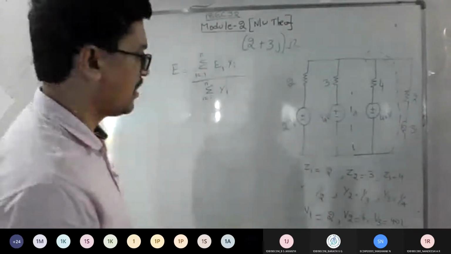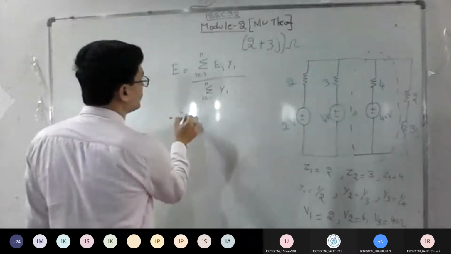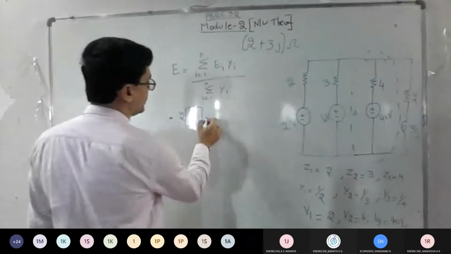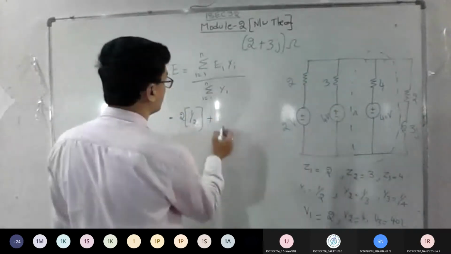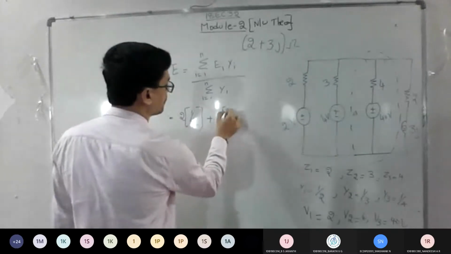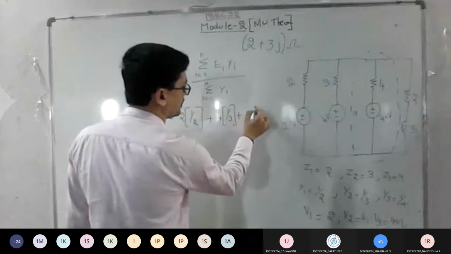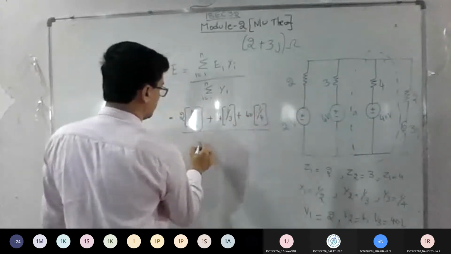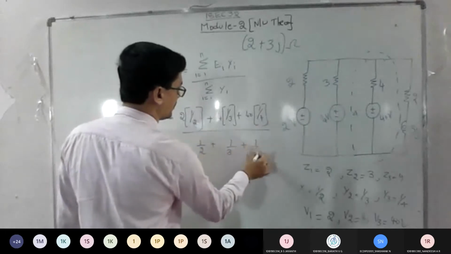Now you can put the values here. E1: 2 into 1 by 2, so it gets cancelled here itself. Plus, see, all are in the same direction, so I need to add all the things, right? So it's 4 into 1 by 3 plus 40 into 1 by 4, whole divided by 1 by 2 plus 1 by 3 plus 1 by 4.